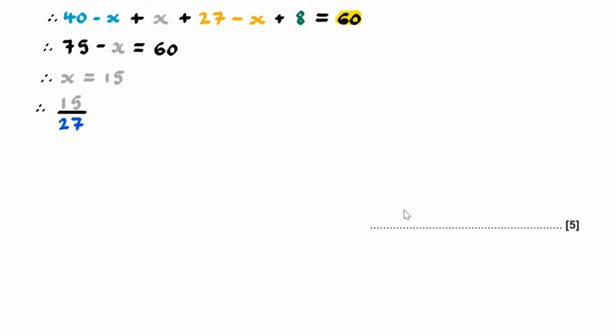So the required probability is 15 over 27. So we have 15 over 27.